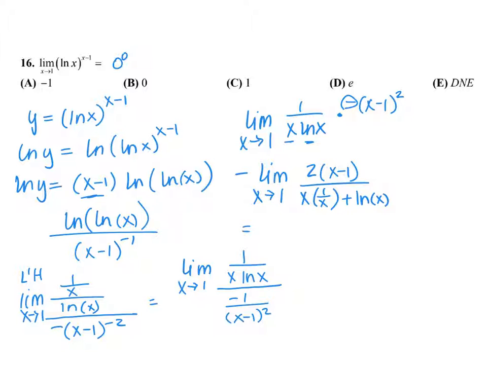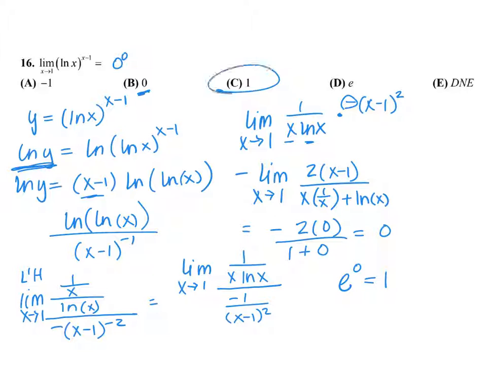We do have our negative, and then if we start subbing in, that's going to be 2 times 0 over 1 plus 0. So yay, we're going to get 0, but again, that's not our answer. And notice how they put a 0 there. Remember how we had to go back, and this is going to be e raised to the 0, which is 1, so our answer is C.